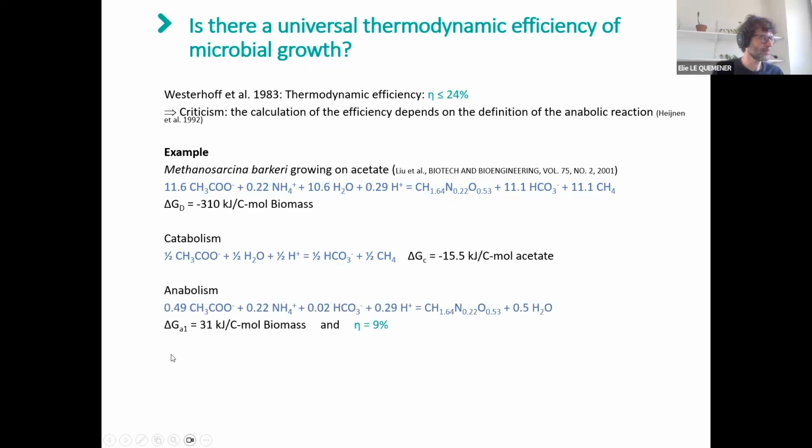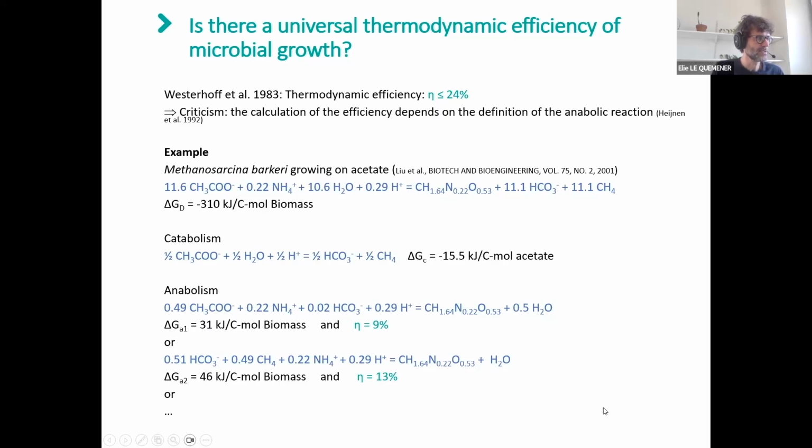But anabolism, we don't know. Maybe we say, okay, it uses acetate to produce biomass. And then the efficiency is 9%. But if we assume the anabolism is from carbonate, then the efficiency is a little bit different.